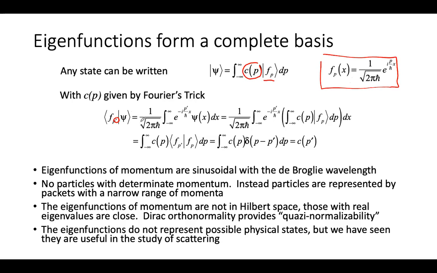What that means is I go 1 over the square root of 2 pi h bar times the complex conjugate of the eigenfunction, and then I multiply that by a wave function. And we said that we can express the wave function as an integral, as opposed to a sum, of the continuous wave functions integrated over momentum. And so right there I put that presumption in.